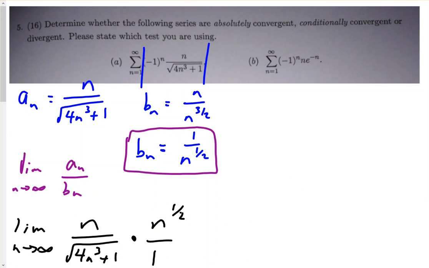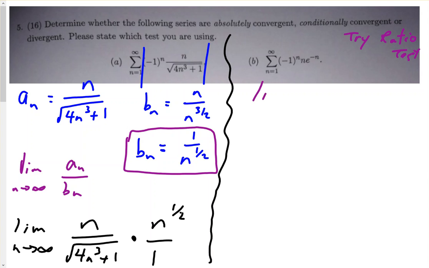So for part B, again we have another alternating series here with the -1 to the n. Here we could try the ratio test. Okay, so remember what the ratio test was.